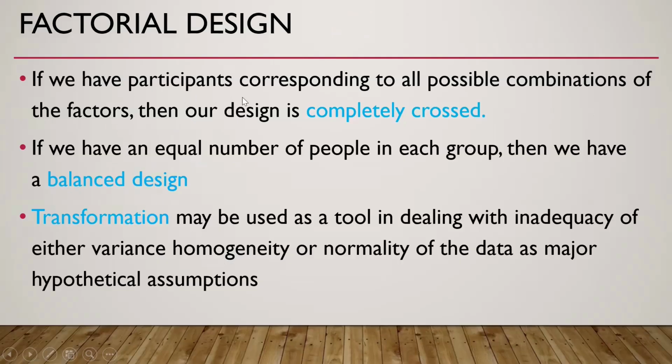If we have participants corresponding to all possible combinations of factors, then our design is completely crossed. And if we have an equal number of people in each group, then we have a balanced design. Transformation may be used as a tool in dealing with inadequacy of variance homogeneity or normality of the data as major assumptions. So we may need to transform the variables before using ANOVA or regression analysis for factorial design.